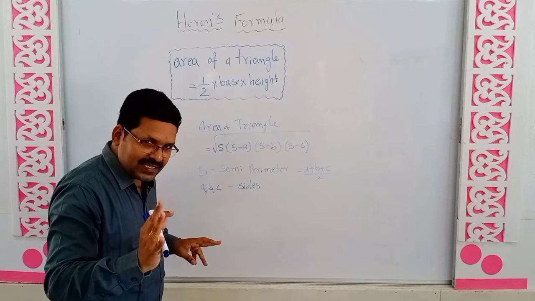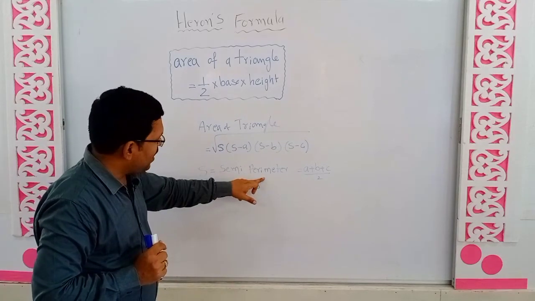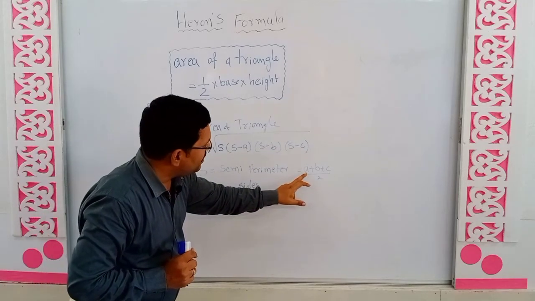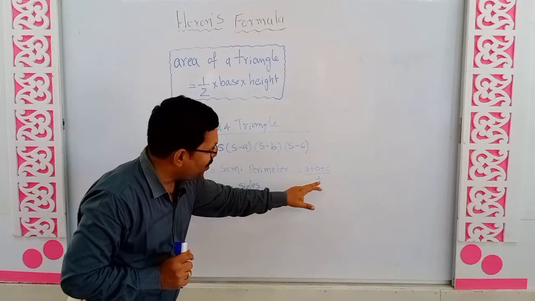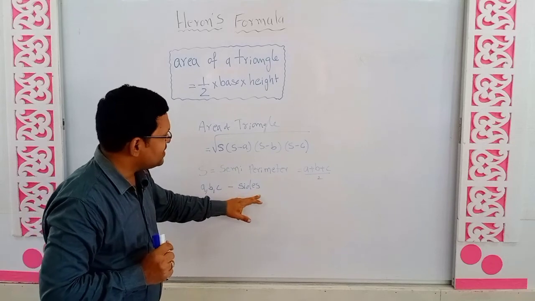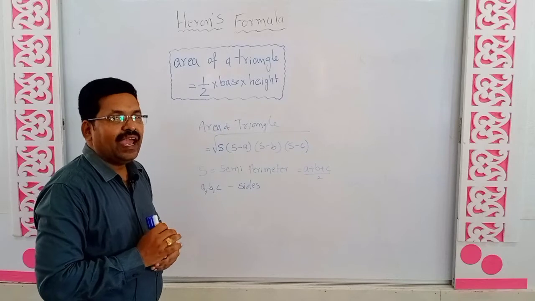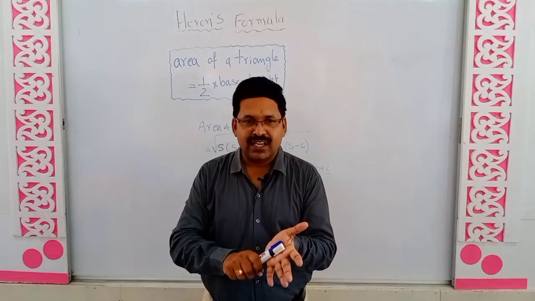Then what is this s? How to calculate this s? S is called the semi perimeter, the sum of side a, side b, side c divided by 2. Then what are these a, b, c? You know already, they are the sides. If you know the 3 sides, using this formula we can find out the area of the triangle.